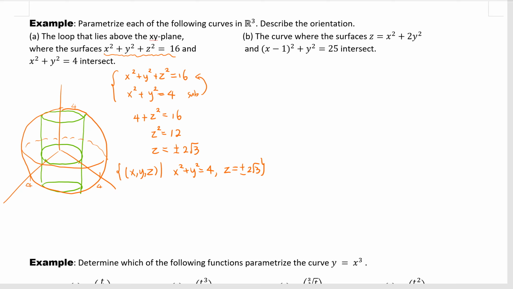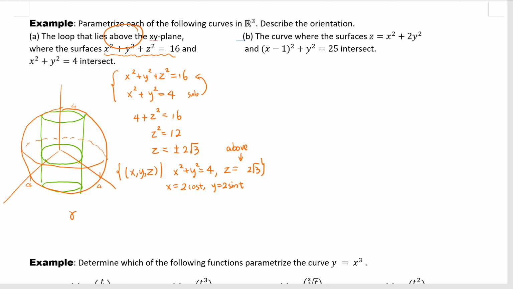Okay, but in our example, we want to find the loop that lies above. So because it's above the xy plane, we don't pick the negative, we only pick the positive 2 root 3. Last example, we already talked about how to parameterize x and y. If we have a circle, then x is 2 cosine t, y is 2 sine t.